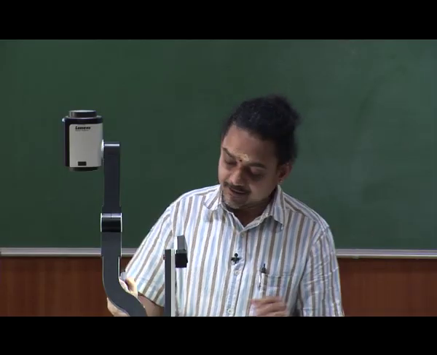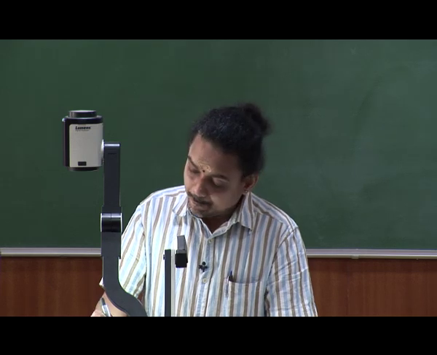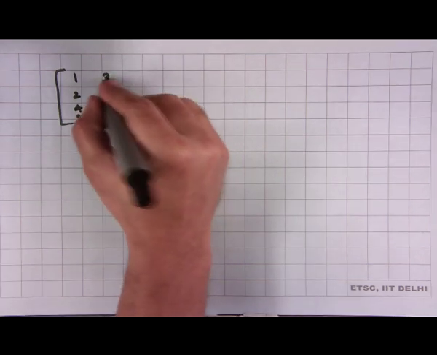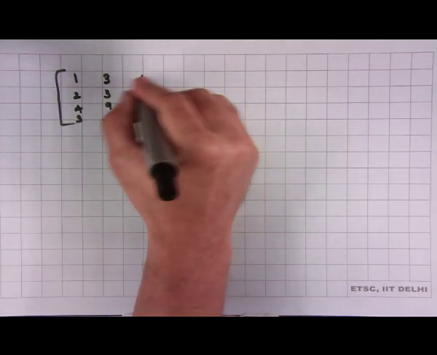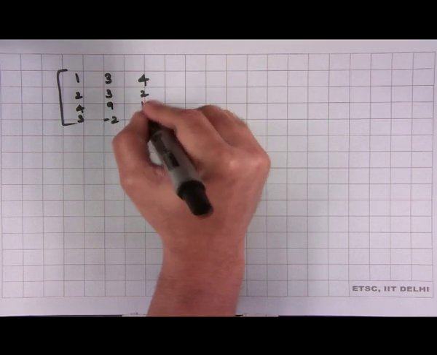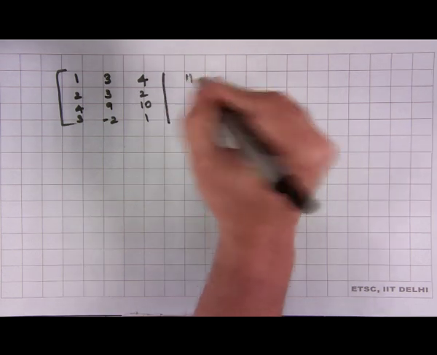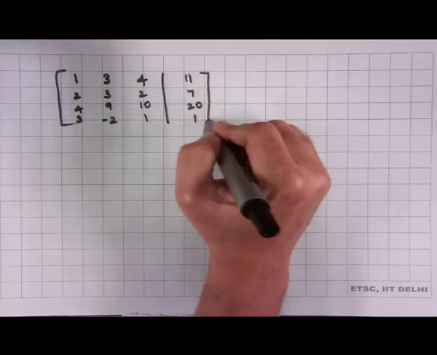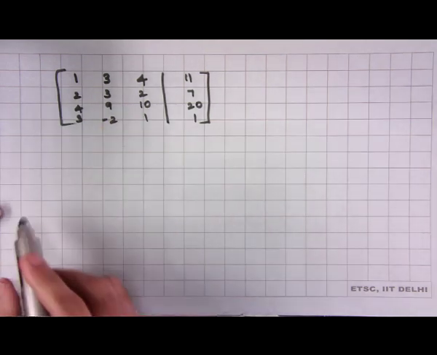As usual, let us write down the augmented matrix. For this, the augmented matrix is 1, 2, 4, 3, 3, 3, 9, minus 2, 4, 2, 10, 1, augmented with 11, 7, 20 and 1. This is the system that we have. This is the augmented matrix.